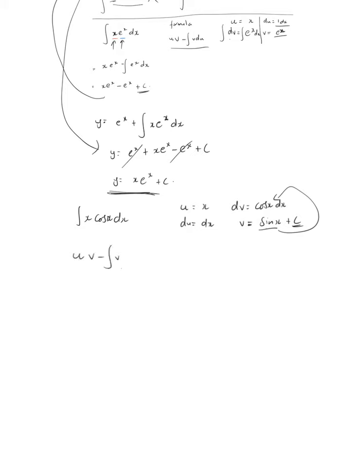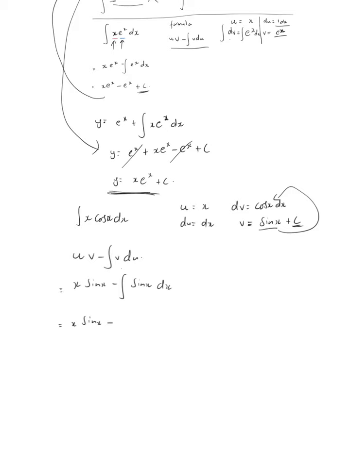uv minus v du, right? U is what? X. V is what? Sine of x. Minus, v is what? Sine of x. Du is what? It's just dx. Straightforward. From here, the answer should be x sine of x minus.